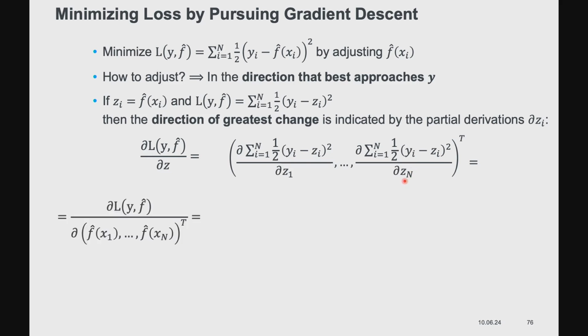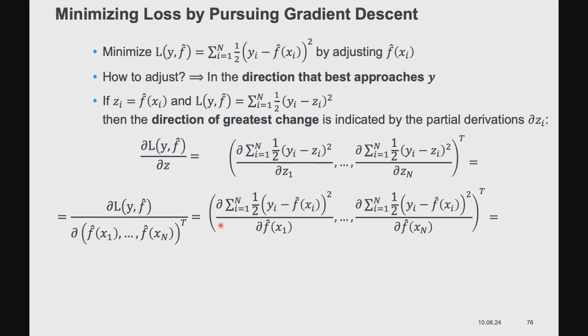Now the zi were nothing else than the f of xi. So instead of z, I can also write f hat here and the partial derivatives of these f's, which gives me this gradient vector. A very large gradient vector because I have many data points. And here you see this is all the squared loss, and every time this partial derivative.